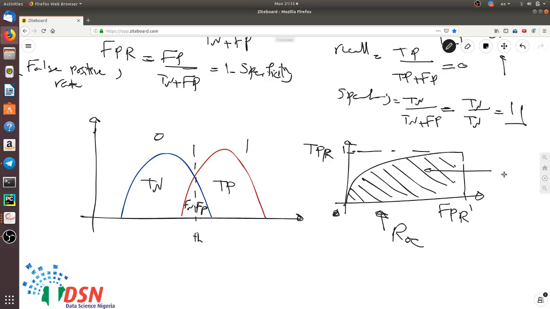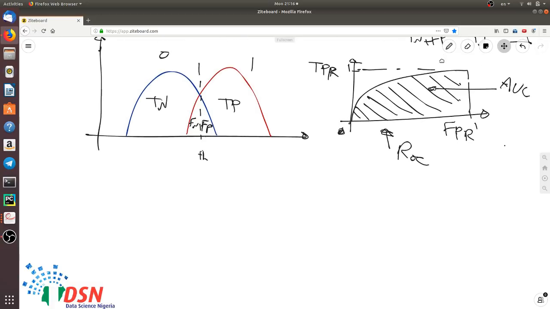We call that AUC, or area under curve. It gives you a measurement of how well the classifier separates the 0 and 1 classes, right?